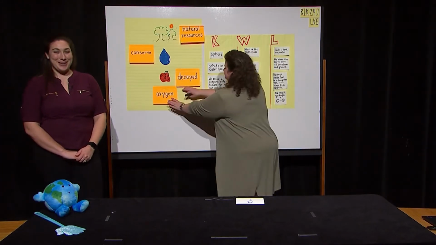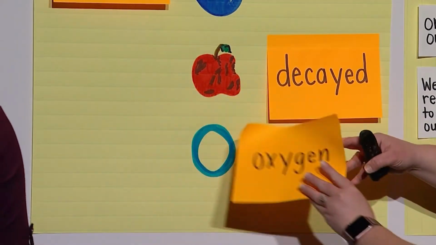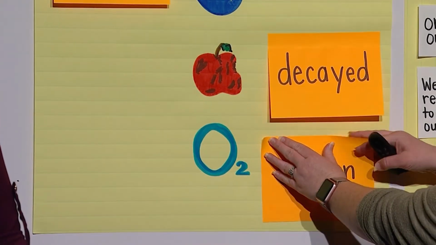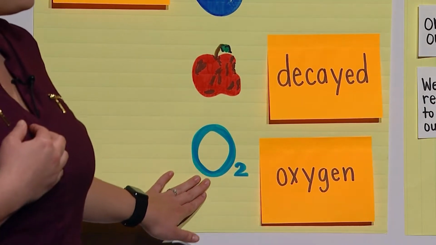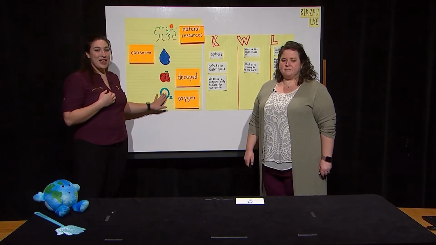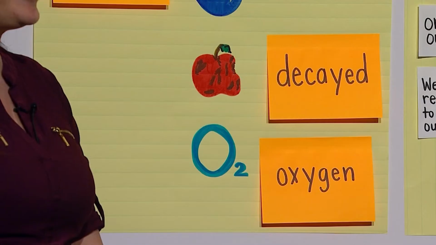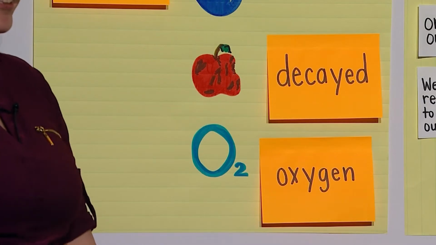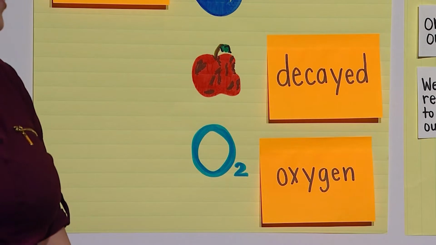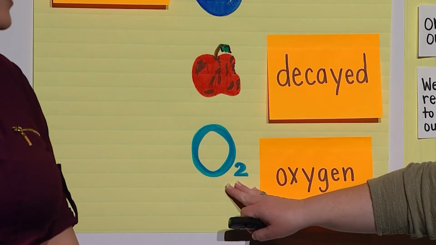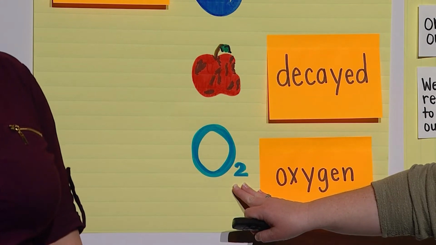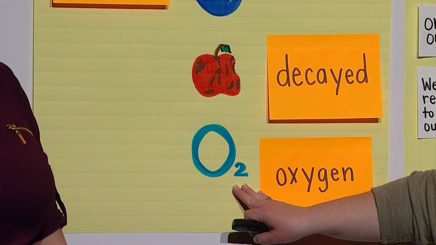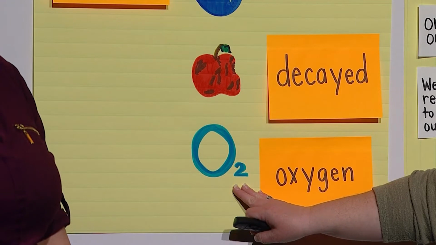That's a perfect way to help us remember. I'll give a great sentence example for this word. We need to breathe in oxygen to stay healthy. This is a picture of oxygen. You've got that right. We're going to use a large O and a tiny 2. That's the symbol that many scientists use to write oxygen. So what word do we have here?